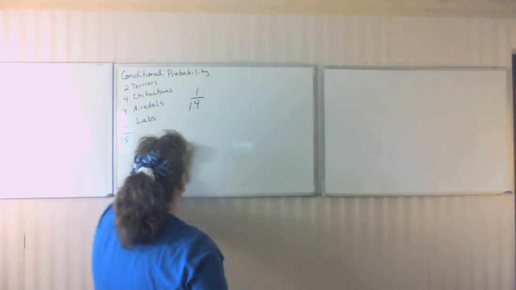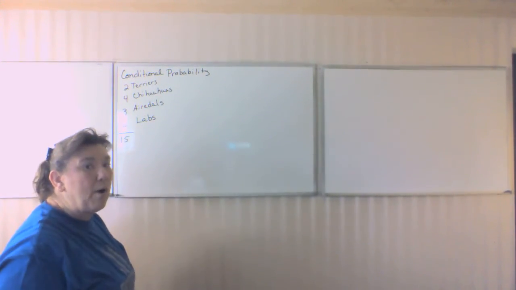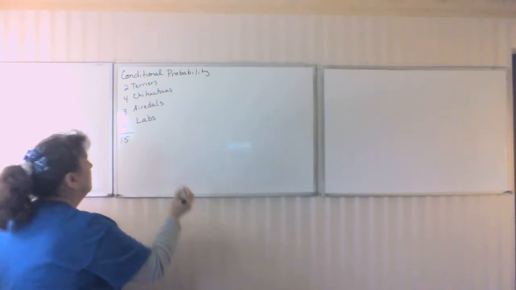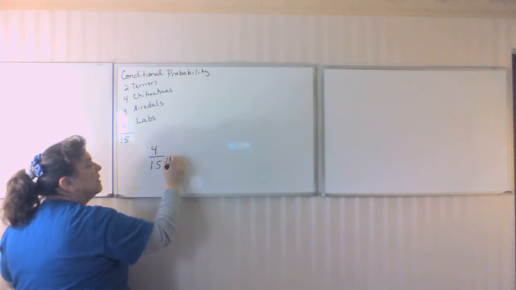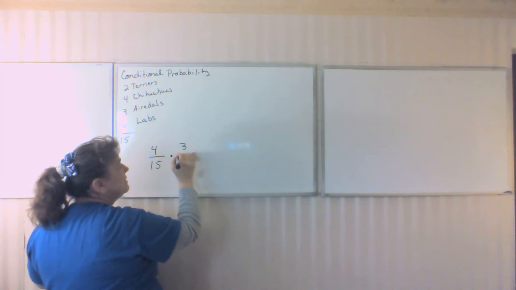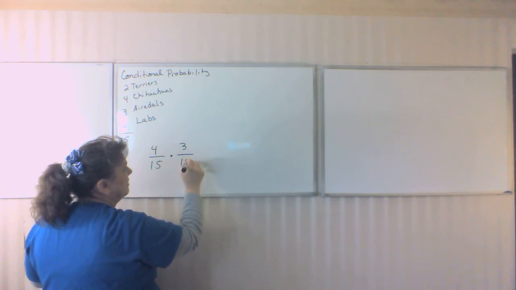So what would be the chance of the first one drawing a Chihuahua and the second one drawing an Airedale? Well, there are 4 Chihuahuas out of the 15 times there are 3 Airedales, and they're all 3 still there, but there's not 15 dogs, there's now 14 dogs.